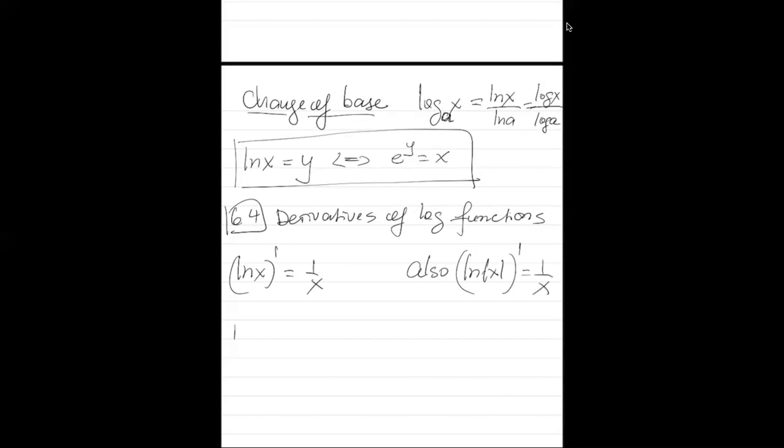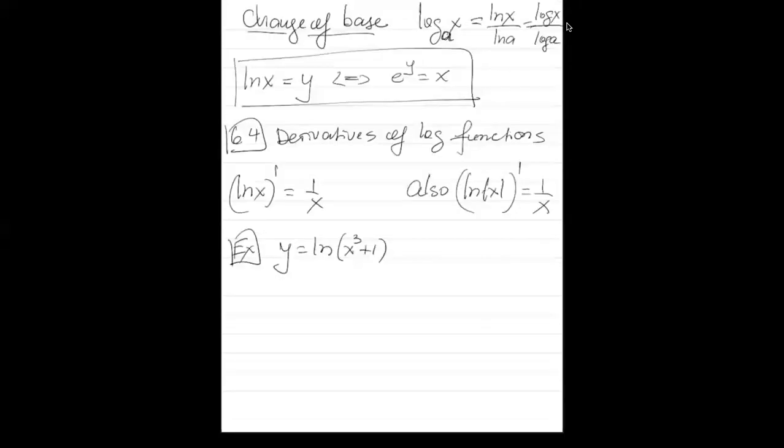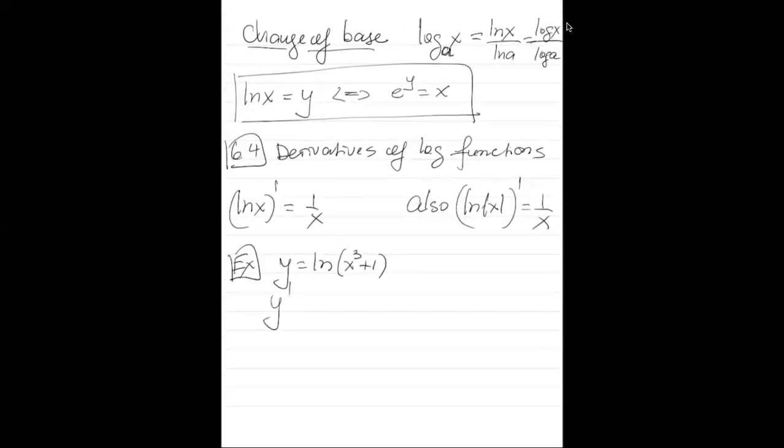So example, y equals ln of x to the third plus 1. We're going to use this new rule with the chain rule to find y prime. We do 1 over x to the third plus 1, chain rule, multiply by the derivative of x to the third plus 1, which is 3x squared.